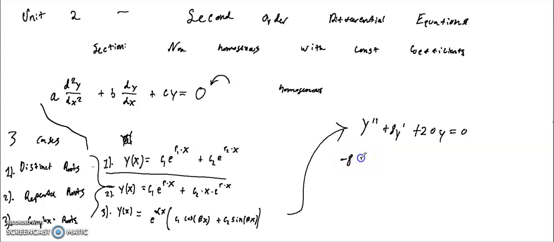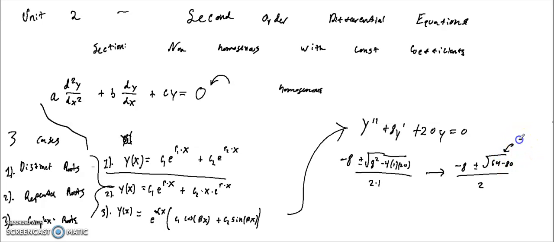So negative b plus or minus the square root of b squared minus 4ac all over 2a. And this works out to be negative 8 plus or minus the square root of 64 minus 80, and that is the square root of negative 16.